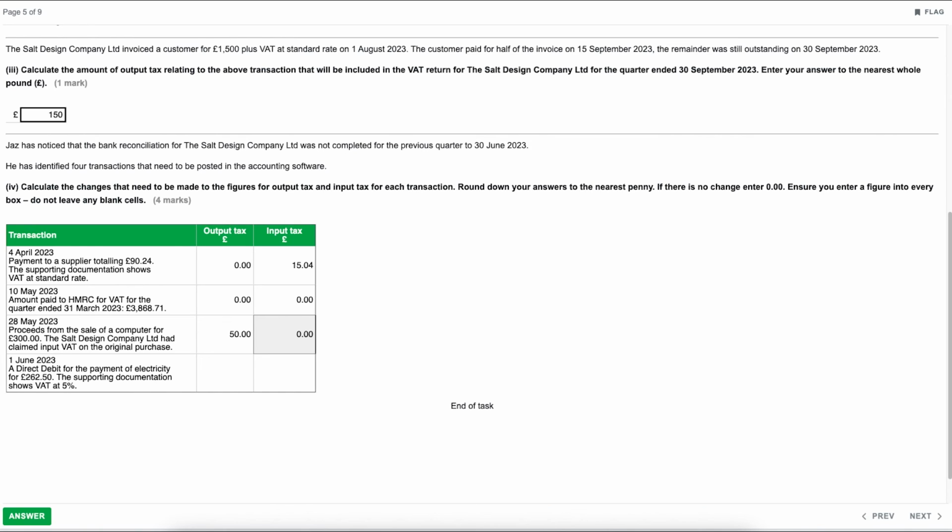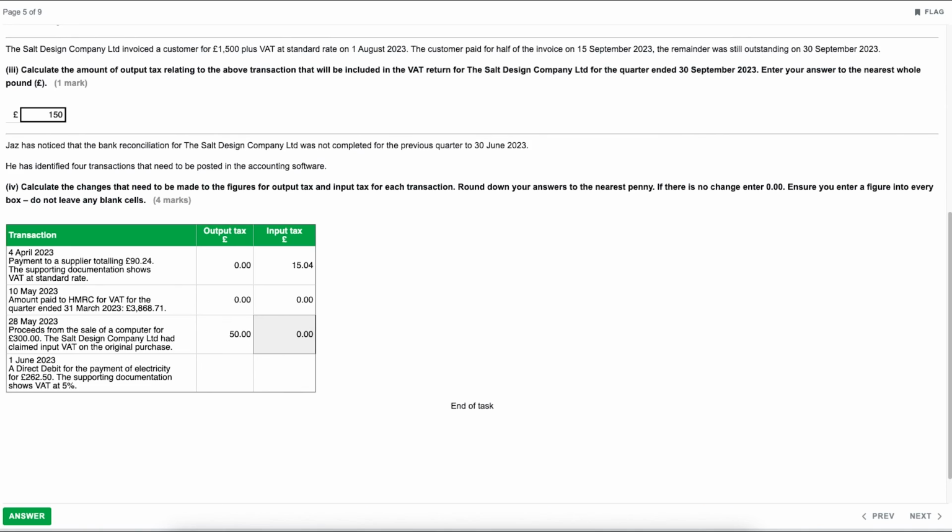And then the last one, on the 1st of June 2023, a direct debit for the payment of electricity for £262.50. The supporting documentation shows VAT at 5%. So this is a payment, so it would be input tax. However, this time, rather than being at a standard rate, it is at a reduced rate. So we have done this one earlier.